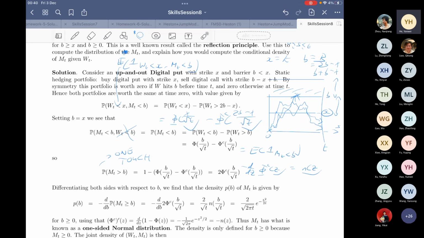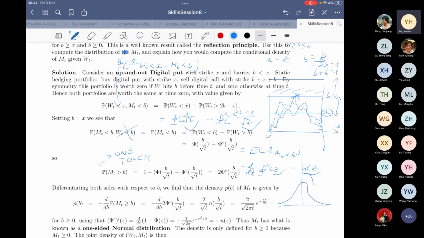But you could ask, if Brownian motion has a density which integrates to 1, how can we have a density which is twice that density that still integrates to 1? The reason is that this density is only defined for non-negative b values. The density of Brownian motion looks like that, just a normal density.